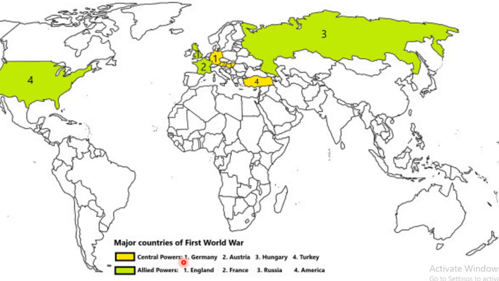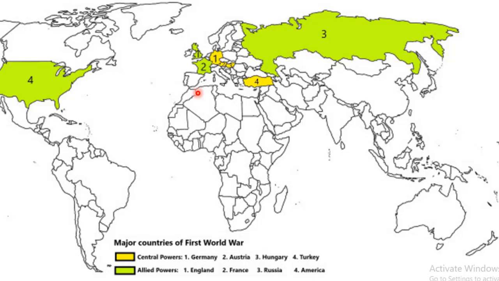Central Powers, the countries are Germany, Austria, Hungary and Turkey. So this yellowish mark, here it is given in the rectangle. So the legend you can see, the key is given. This particular color is given.